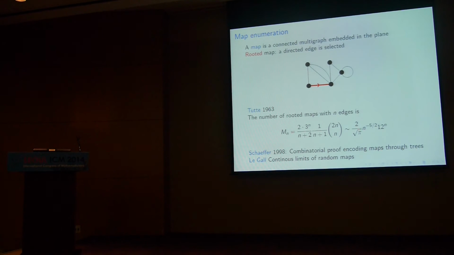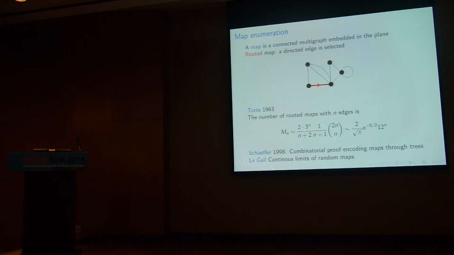Some are more beautiful than others. This one, to me, has the merit of being beautiful and incredibly useful. This bijection is the one that, as we saw this morning in Jean-François' talk, allows us to study the metric theory of random planar maps, and to talk about continuous random planar maps.